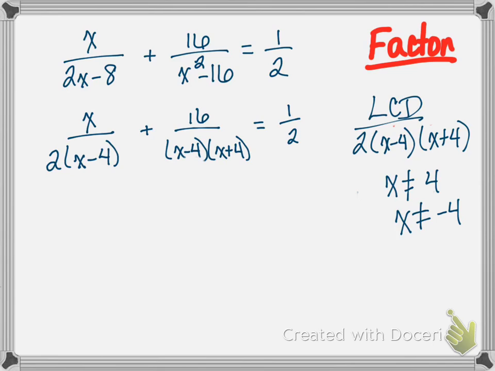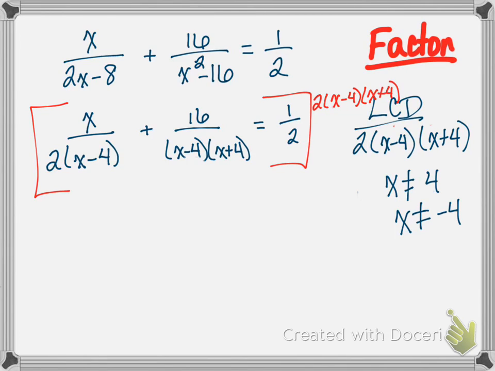So what I'm going to do now, and this is where I need to write small, I am going to multiply all of this times my LCD. And my LCD is 2 times x minus 4 times x plus 4.